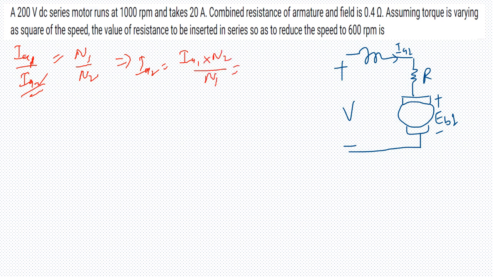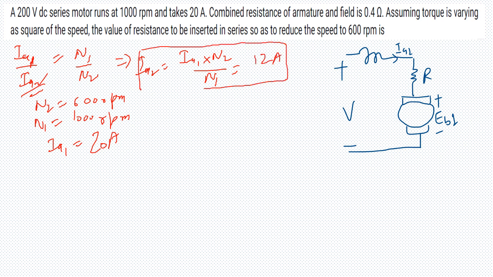We know n2 has to be 600 rpm, n1 is 1000 rpm, and IA1 is 20 amps. Putting in all these values, we get IA2 as 12 amps.